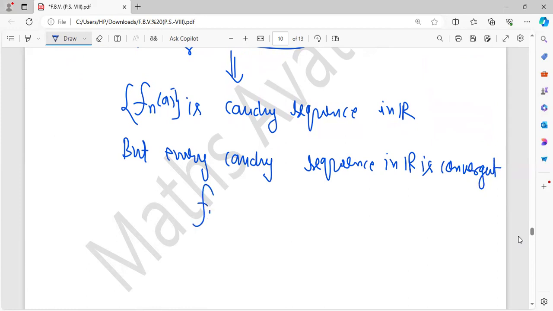Okay, so let's say f_n(a) is converging to some value f(a).